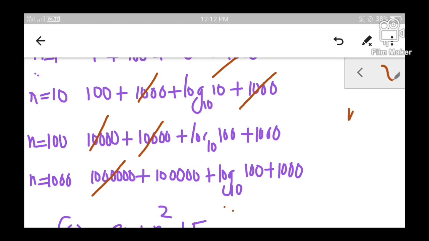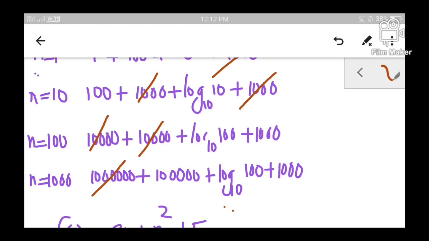I repeat, for any function f of n, with the increasing values of n, the term which is associated with the highest power of n will be the only term contributing more to the value of f of n compared to the rest of the terms in the same function.